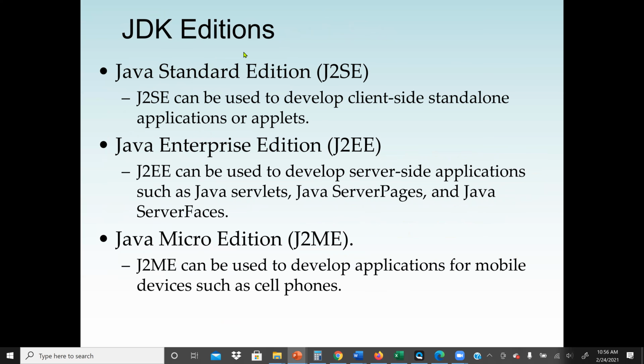Also, Java has three types of editions. We have the Java Standard Edition. This normally supports client standalone applications or applets. A client-side standalone application can be on a desktop computer.